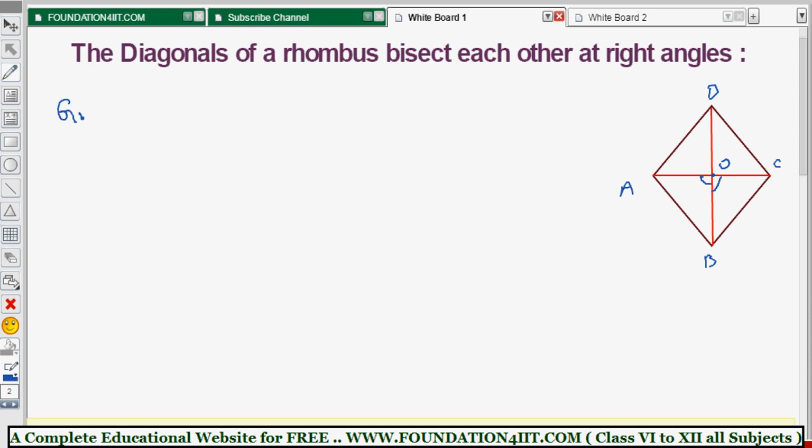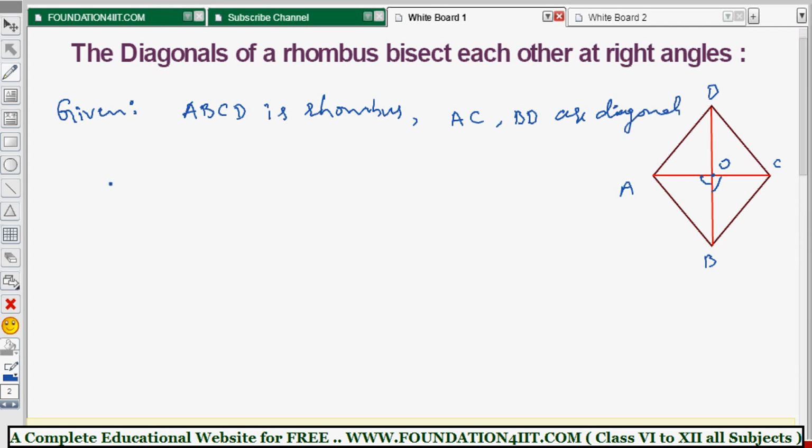So the given information is ABCD is a rhombus, and AC and BD are diagonals. These two are the diagonals, right? And what we need to prove is that the diagonals bisect each other at right angles.